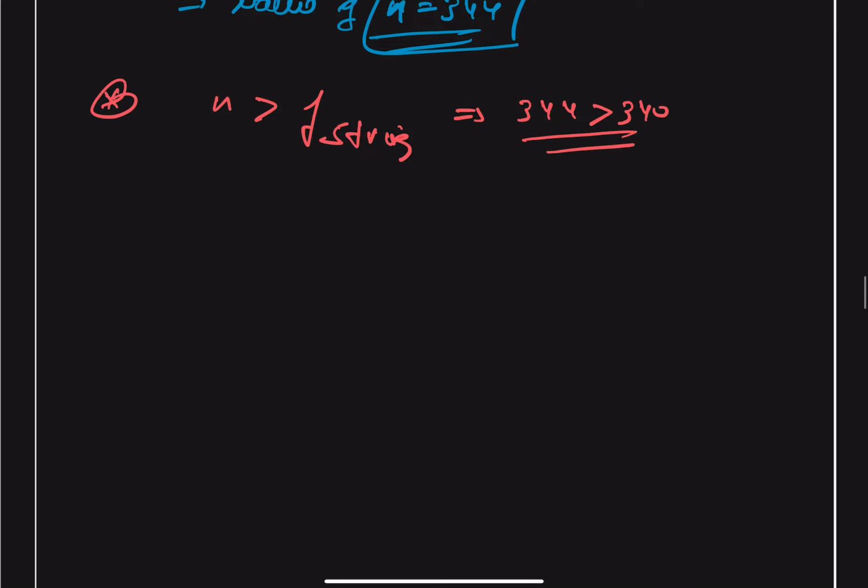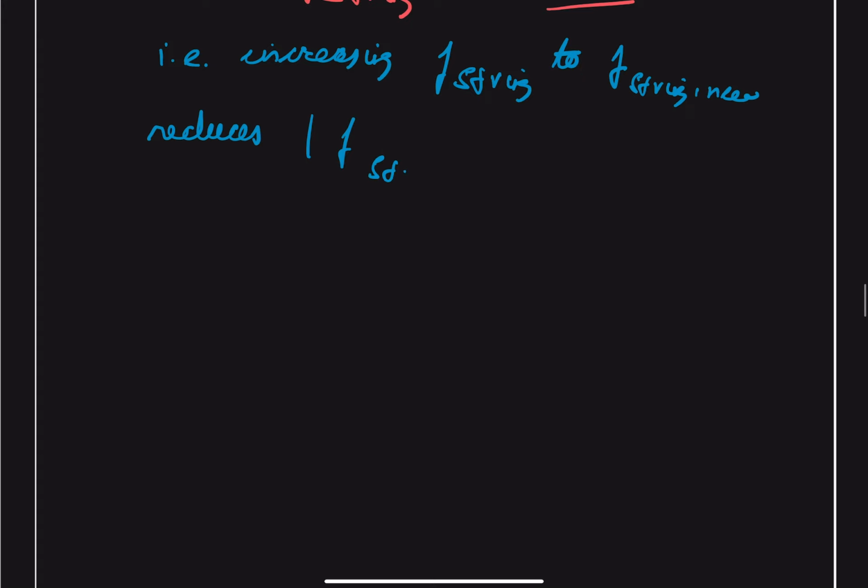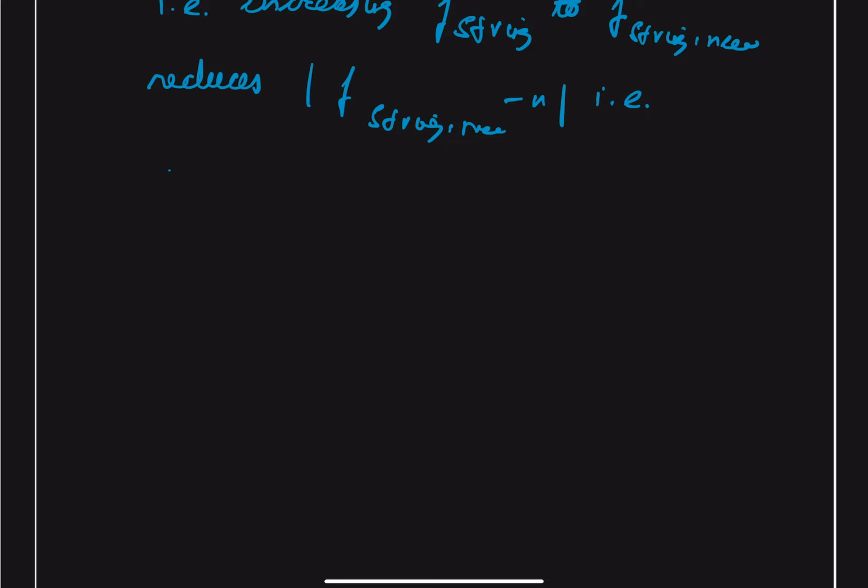And increasing f string to f string new reduces our beat, that is given as f string new minus n, that is the reduction of beat from 4 to 2.